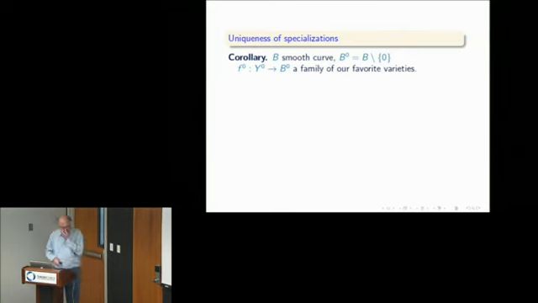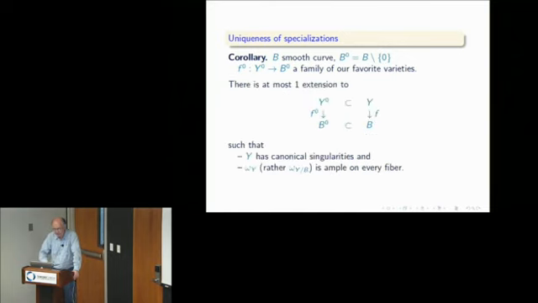Okay, and so now let's go to the uniqueness of specialization. So you see, we are back into this situation that we wanted to understand. So we have that smooth curve B, and assume that outside the marked point called 0, there is already a nice family of canonical models, and then we would like to extend it across the origin.